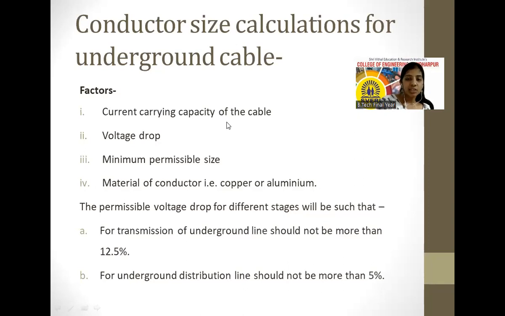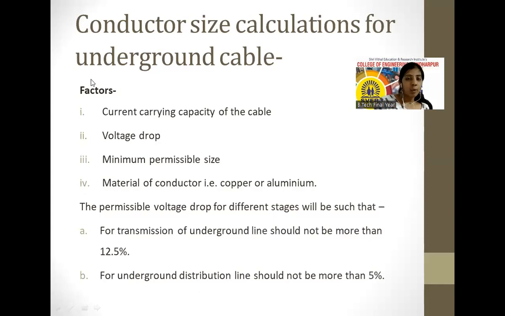If there is a distribution line, which is mentioned in the question itself, whether the line is transmitting power or a distribution line, the voltage drop should not be more than 5%. You have to keep all these things in mind while solving the example or the question.